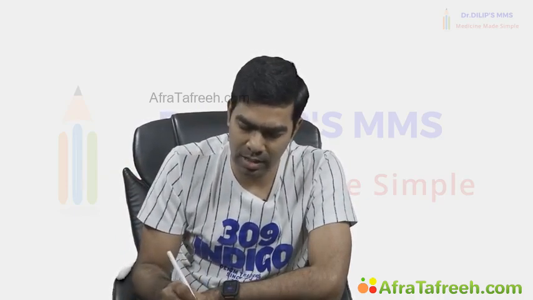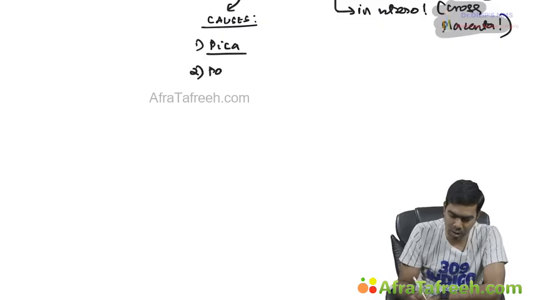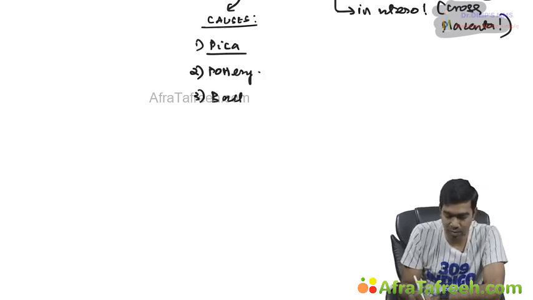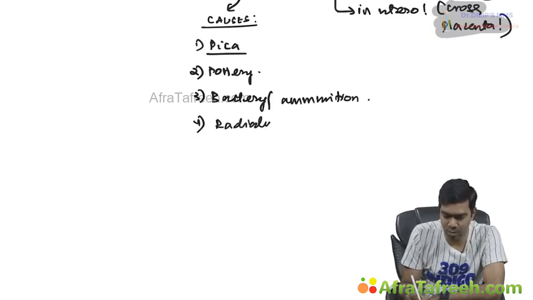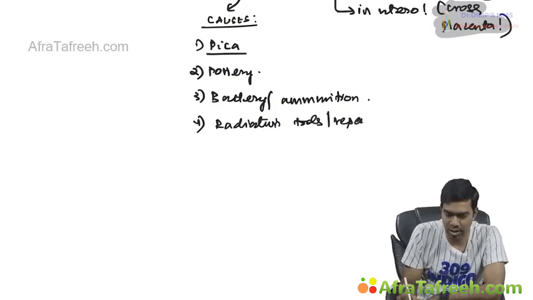And second thing, in pottery industries, especially those who are working in pottery industry, those who are working in battery, because battery contains a lot of lead, battery, ammunition industry, arms division in armies, so battery ammunition makers, and radiation instruments, radiation tools repair, because they are the ones who are going to be involved with a lot of lead.